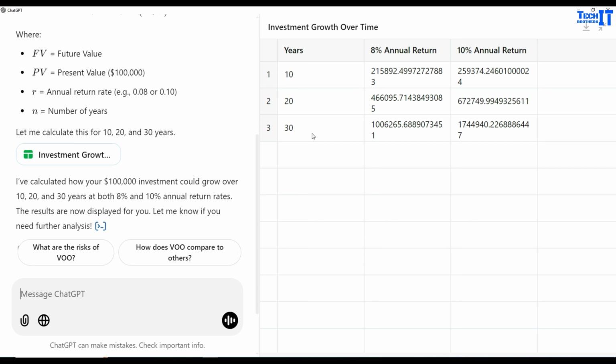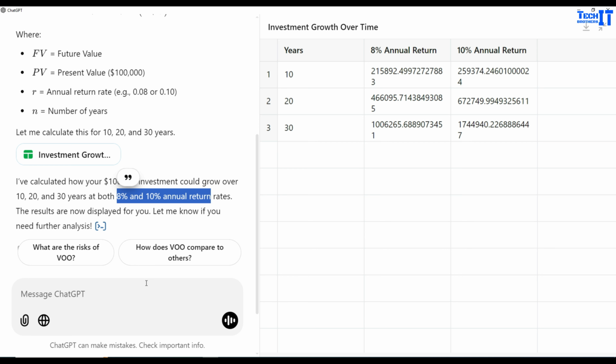If I have $100,000 today and invest in VOO at an 8 to 10% annual return, in 30 years I will have $1.7 million, if everything goes well, with no recession or wars or something that turns the stock market upside down. But if things go in the right direction, and from previous history, 8 to 10% is normal for VOO, which holds mostly S&P stock.